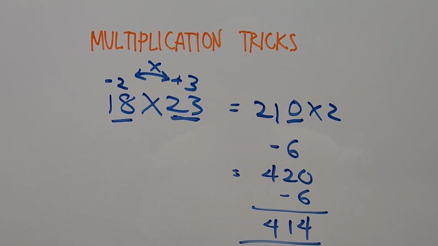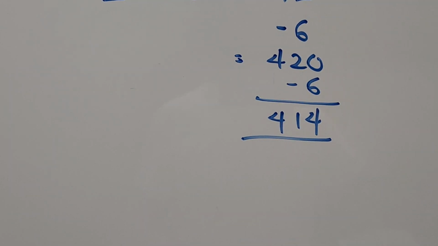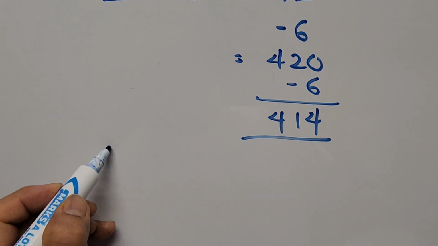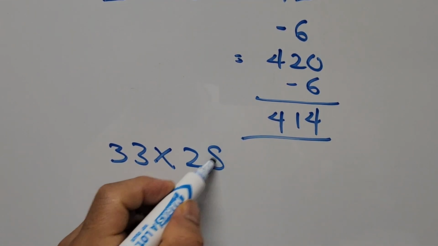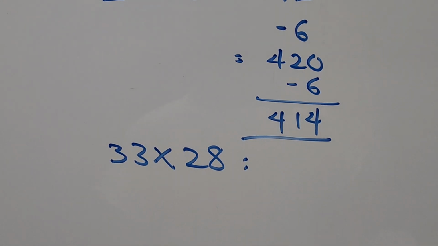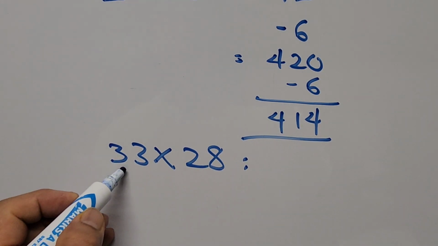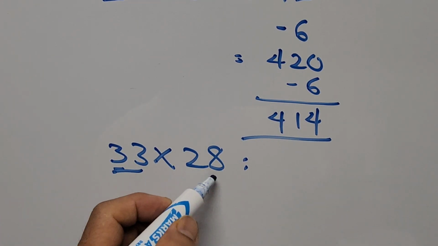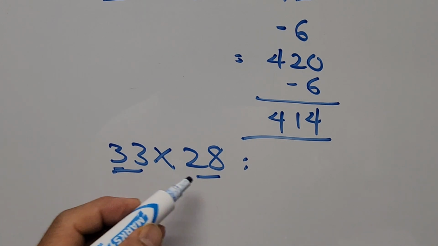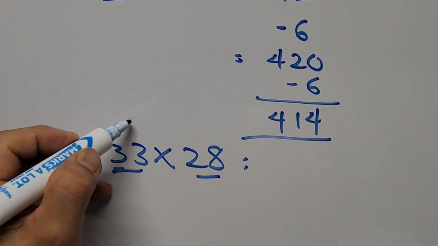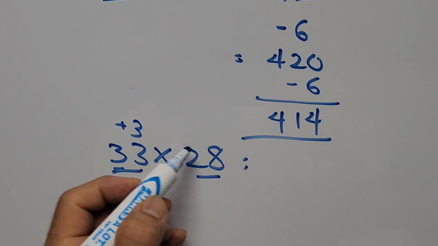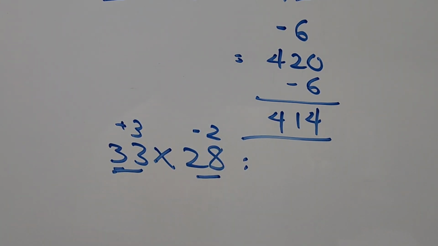And so let's try another one. Let's say multiply 33 by 28. So here we're using base 30, right? Since this is 33, this is 28, they are close to each other. And 33 is 3 points over 30, and 28 is 2 points lower than 30.